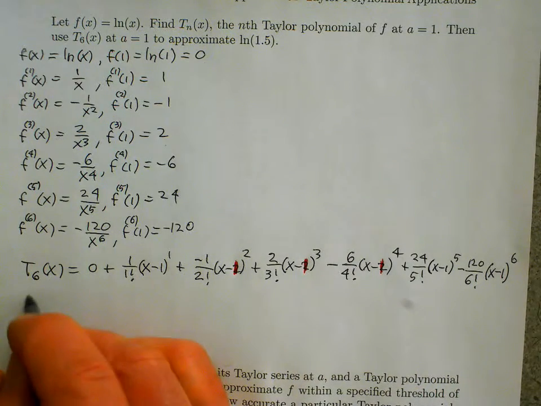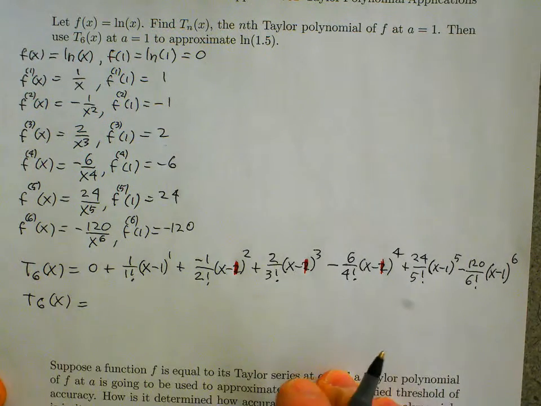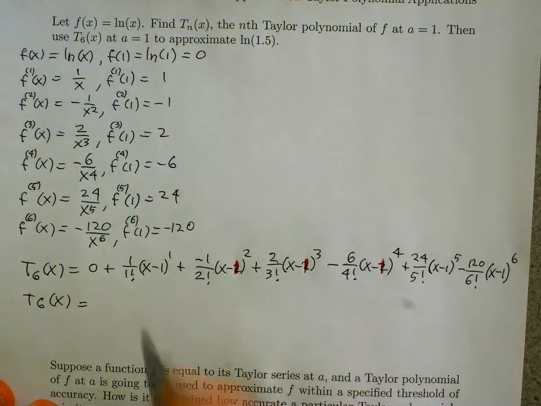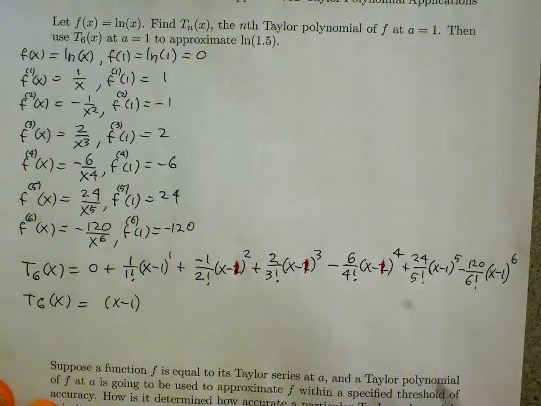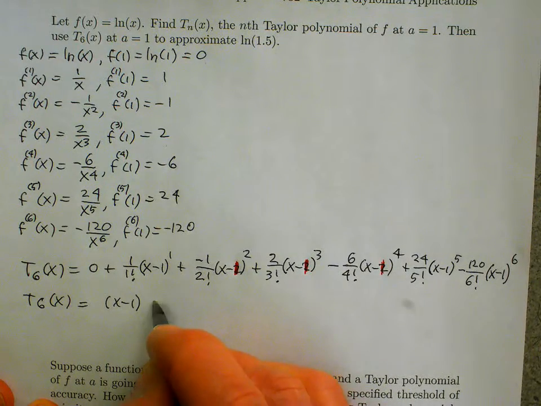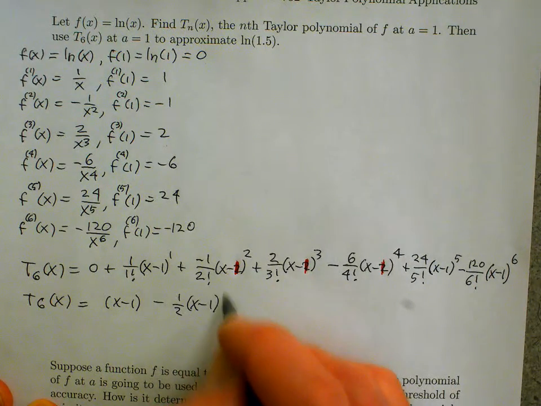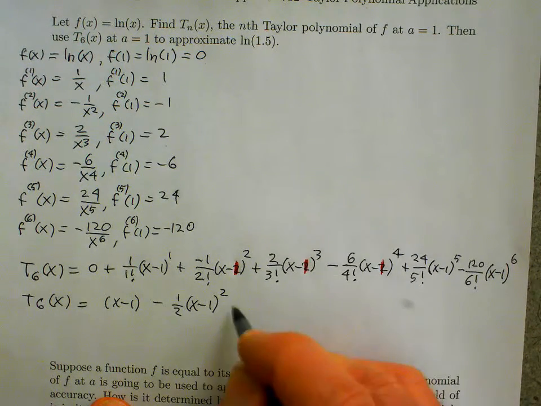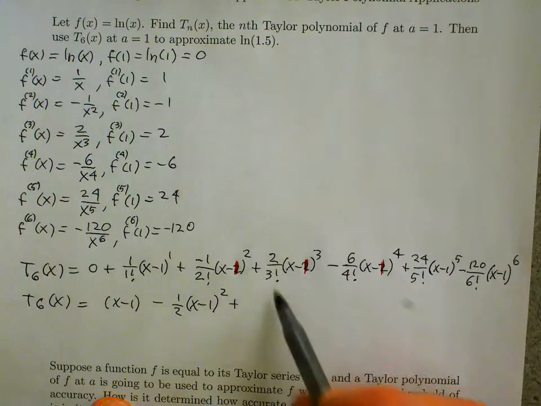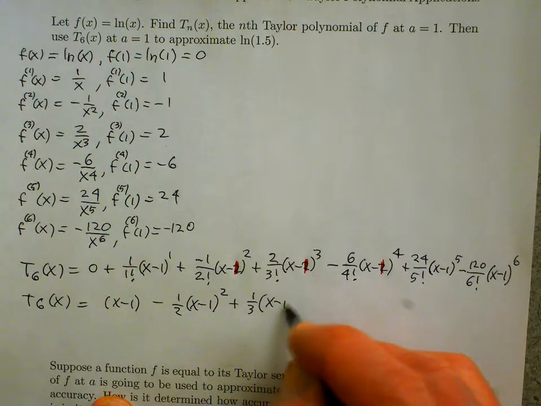Okay, let's simplify a little bit. So we get x minus 1 to the first minus 1/2 times x minus 1 to the second. And then plus 2 divided by 3 factorial is 1/3 times x minus 1 to the third.